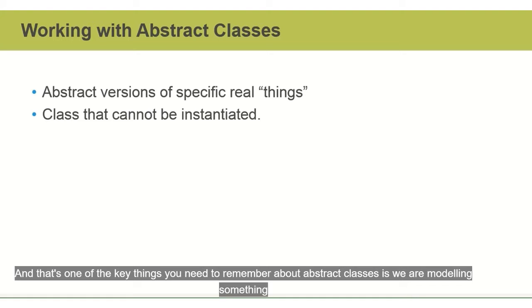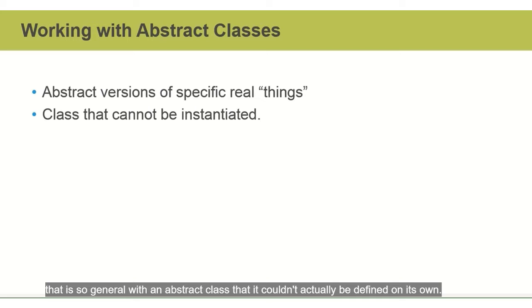We're modeling something that is so general with an abstract class that it couldn't actually be defined on its own. We need to create a subclass, or inherit from the abstract class, to create a version of it that's specific enough that we can actually create something.